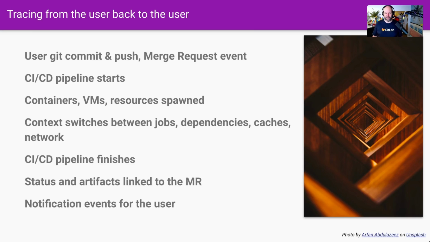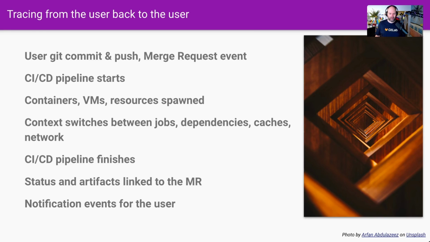So we need to start containers, virtual machines, all the resources, storage, things like services being run in the background, databases and whatnot. Then specific context switches happen, like between jobs in the pipeline, dependencies, caches, network. The pipeline finishes. And for GitLab itself, the status and the artifacts are uploaded to the server. They are linked in the merge request, and the notification events for the user happen.